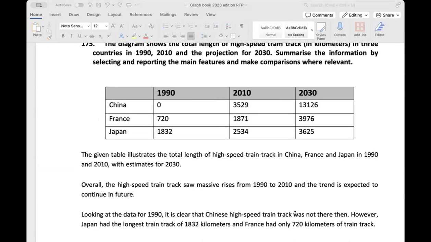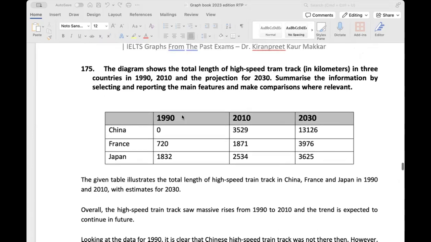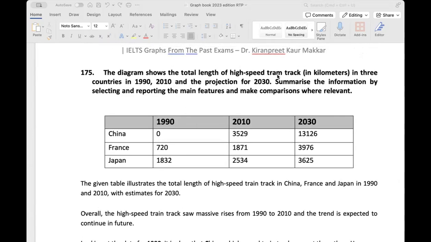Now, this is a simple graph. I'll teach you using this. So for 1990 and 2010, which tense will you use? Past. And for 2030? Future. Okay. So how would you write? Tell me the maximum in the first. This is the length of high-speed tram track.